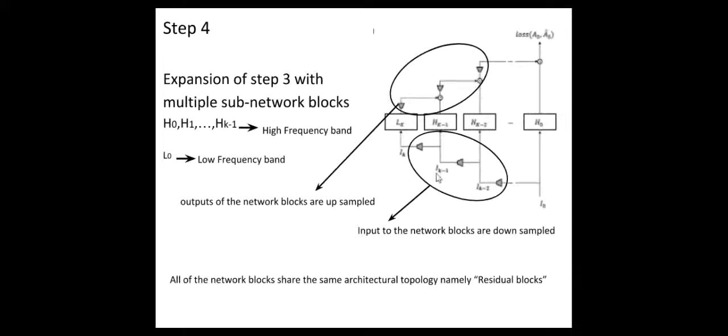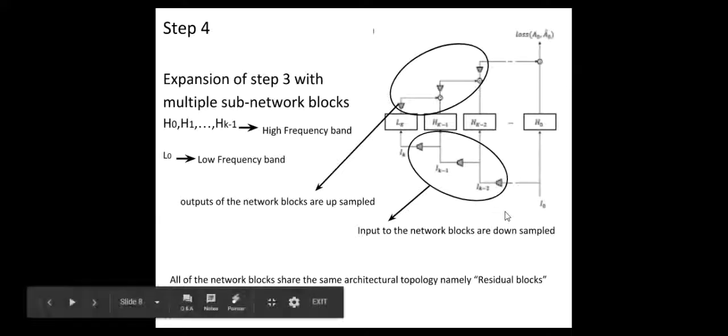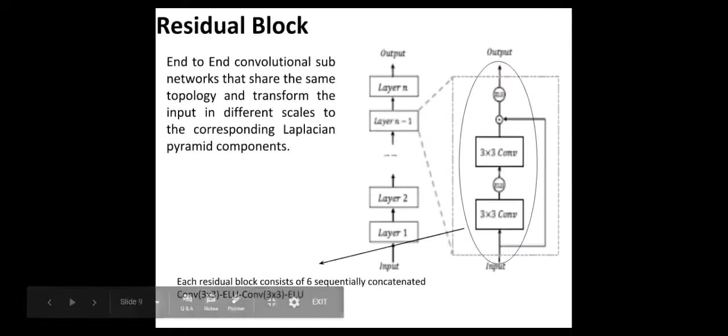The inputs to the network are downsampled in cascade, and outputs of the networks are upsampled and aggregated from left to right to the target output. All of the network blocks share the same architectural topology, which we refer to as the residual block, which you are going to see in the next few seconds.